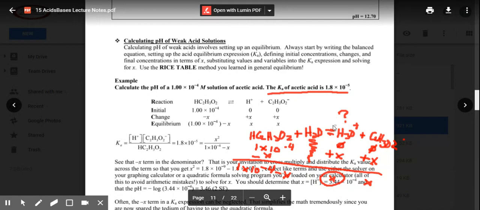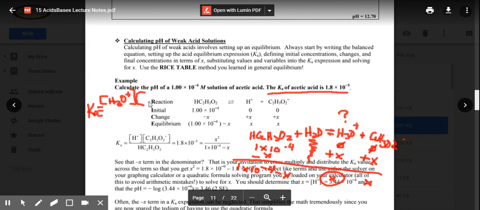So my equilibrium expression here is going to be, I'll write it up at the top here, Ka is equal to products raised to the power over reactants raised to the power, and the powers are the coefficients. Remember, pure liquids and pure solids are not included. So this is going to look like the H3O plus concentration.